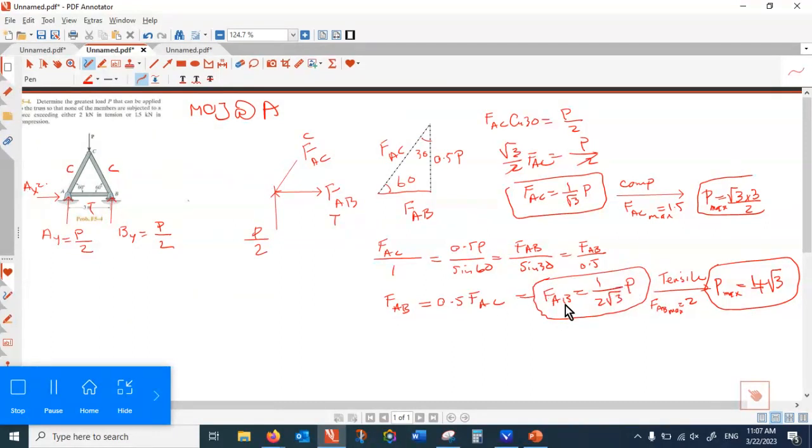FAB is, in terms of P, 1 over 2 root 3 P. No, let's find from here, FAB and FAC.